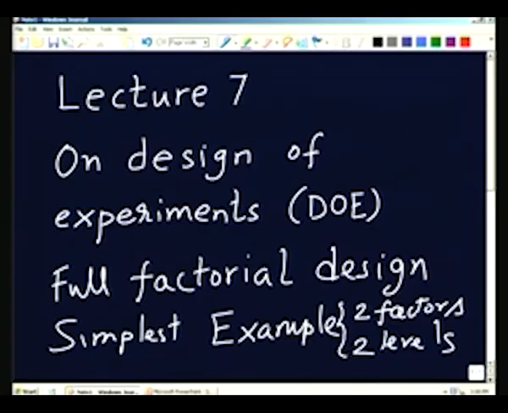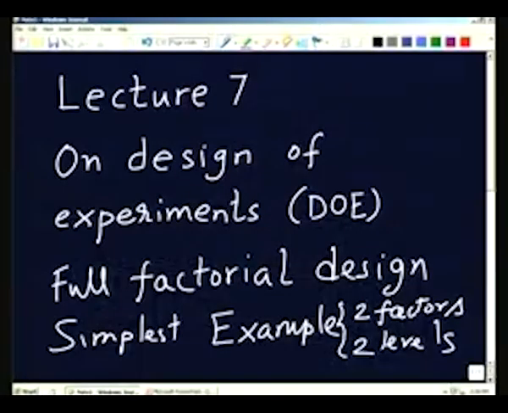Once we understand how 2 factors and 2 level experiment works, it is easily possible to extend the arguments to generalize for any number of factors, any number of levels. Therefore, whatever basic information is required for the design of experiment is already present totally in a 2 factor 2 level experiment.